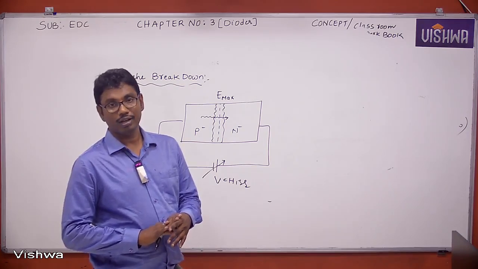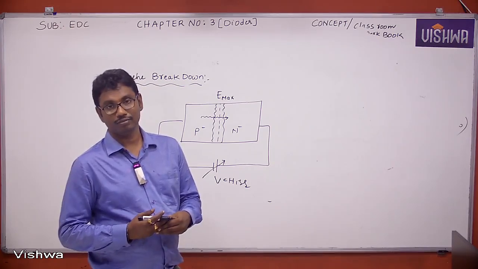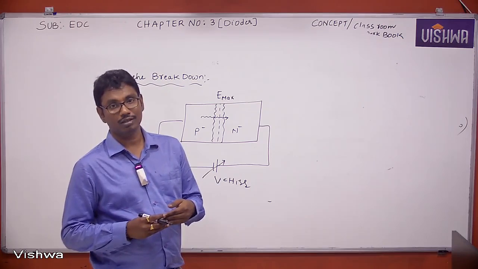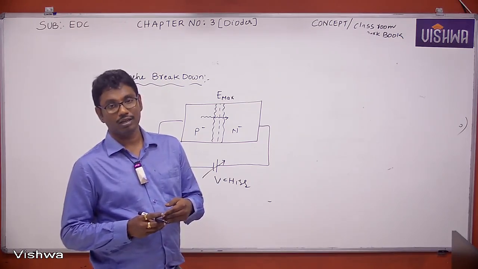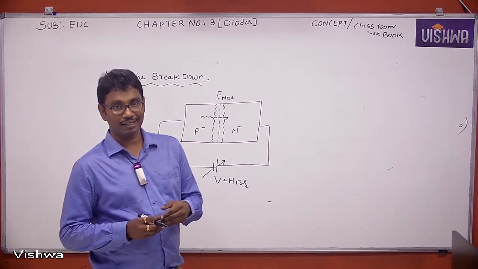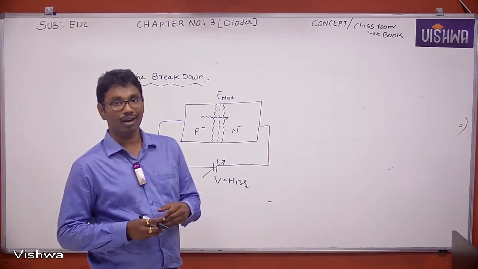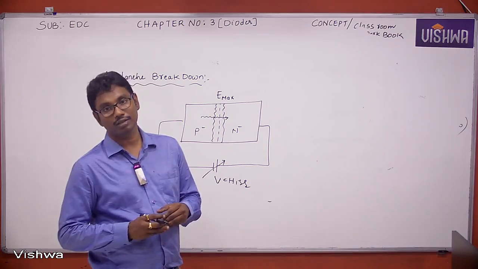Next point, when a minority carrier enters a maximum electric field, it gets accelerated, collides with an atom, and produces an electron hole pair.